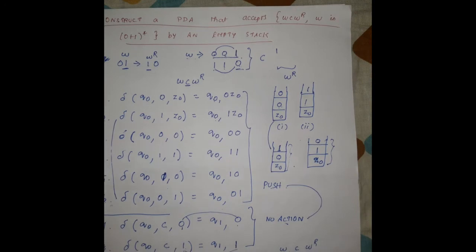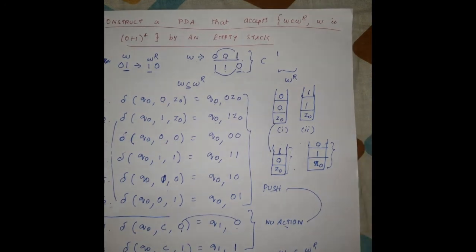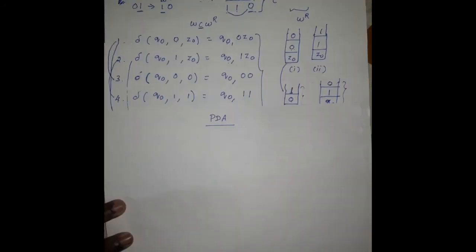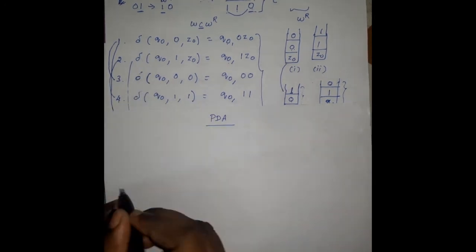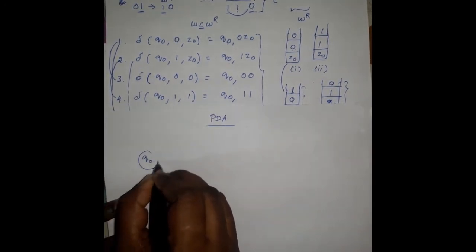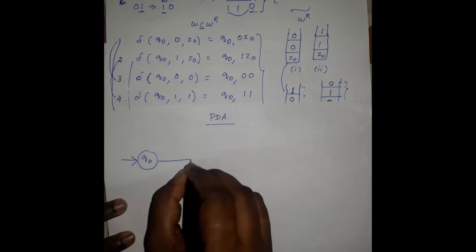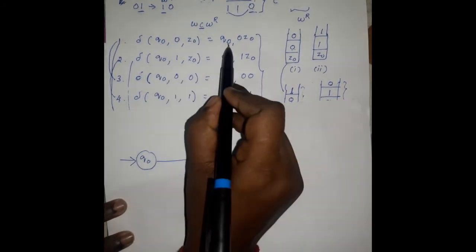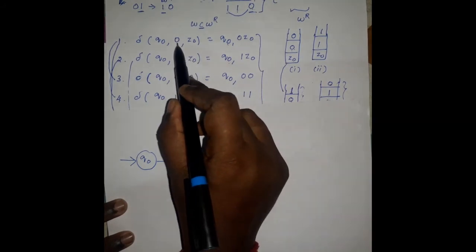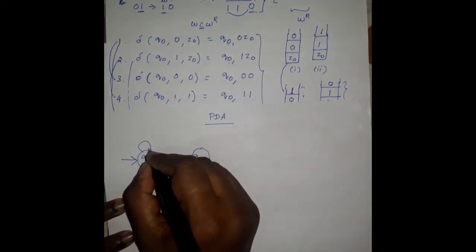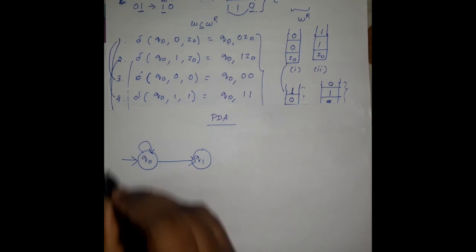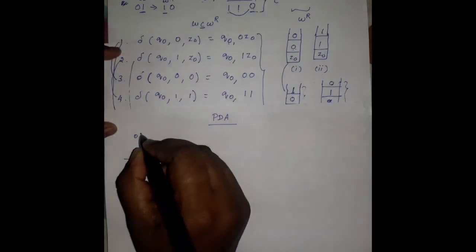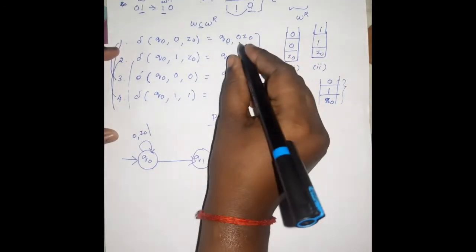Now we can easily draw the pushdown automata from this transition diagram. So the current state is Q0 and the next state is Q1, but here Q0 goes to Q0 on getting the input symbol 0 with Z0. Similarly we do the first pushdown automata step, 0 comma Z0 bar 0 Z0, the stack element.